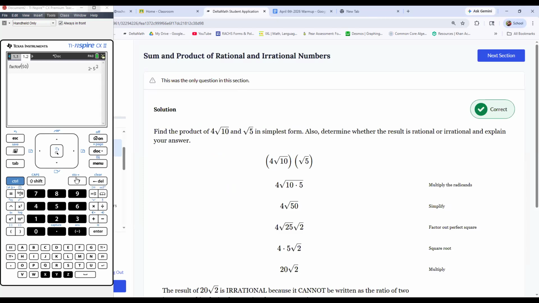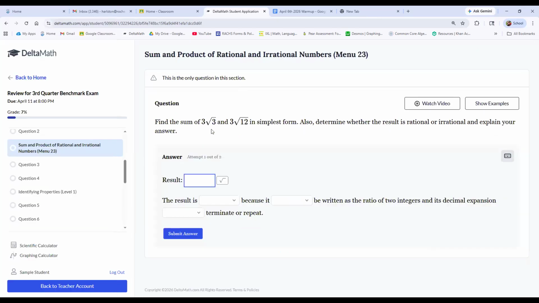All right. Now this one is kind of similar, except that now they're doing the sum of two radicals. So let me kind of go through this real quick and show you what you need to do. All right. So let me pull up my iPad. All right.